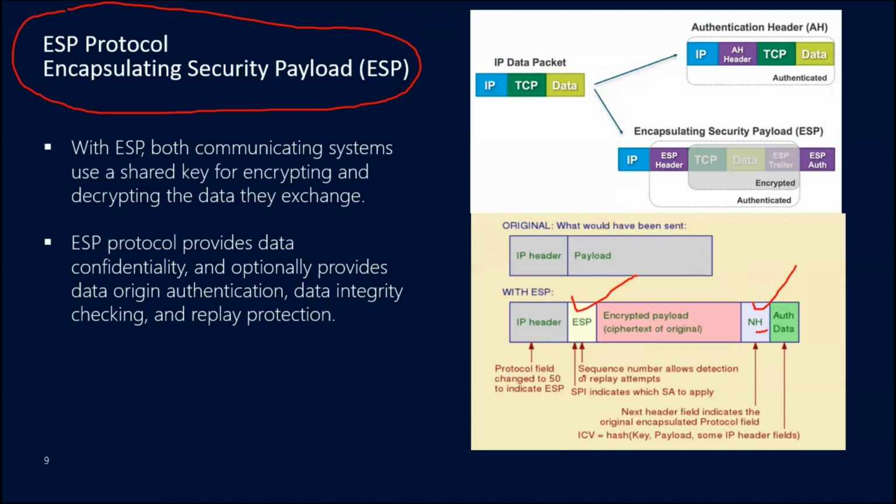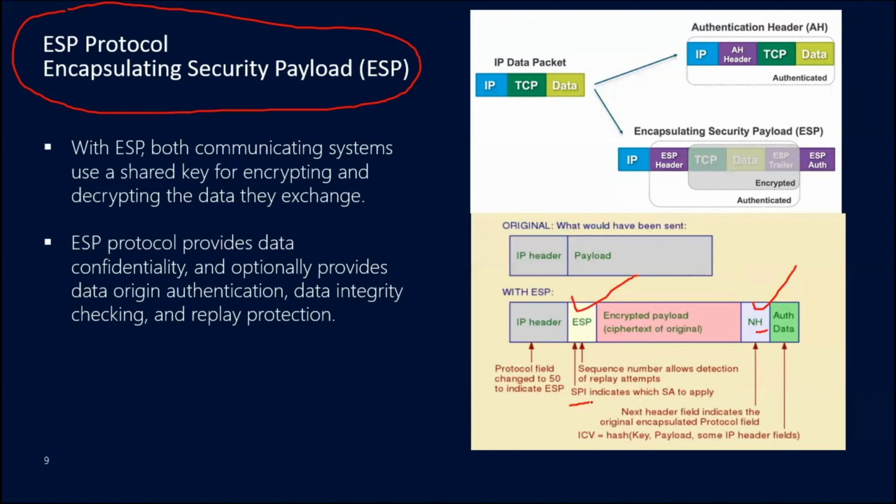In ESP, we have the sequence number, which allows detection of replay attempts, and we have the SPI, which indicates which security association is going to apply. So what is SPI?